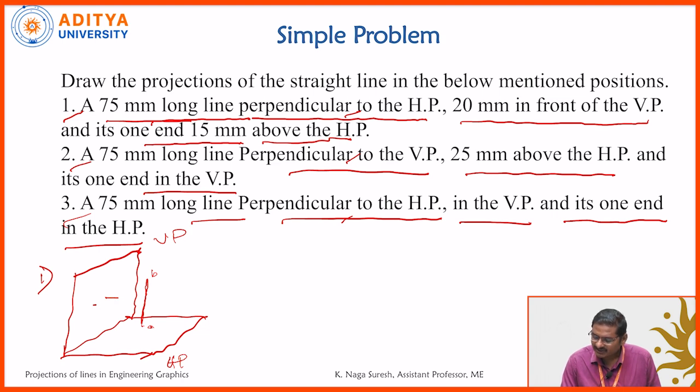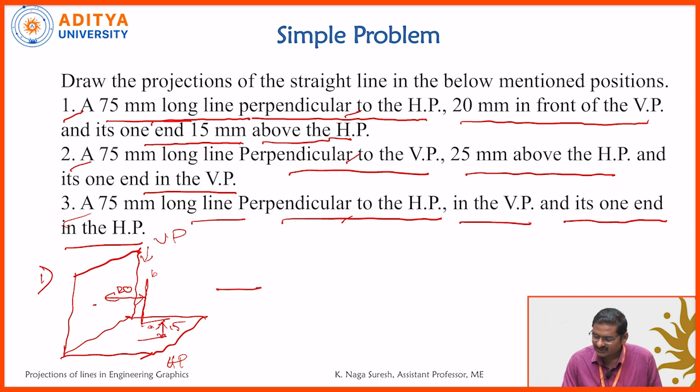That means from here to here the distance is 20 mm. This 20 mm will be observed in the top view only. And its one end, that is A, is 15 mm above HP.